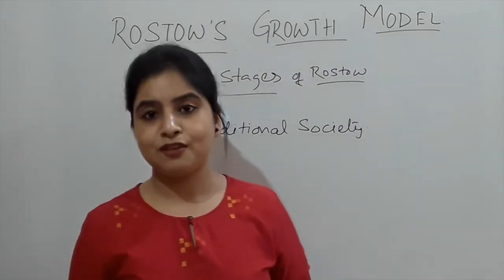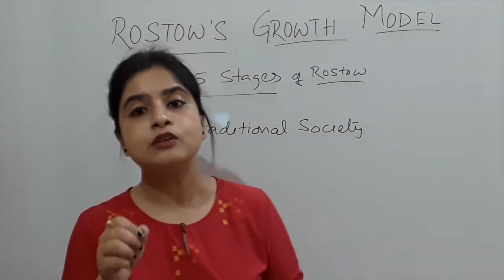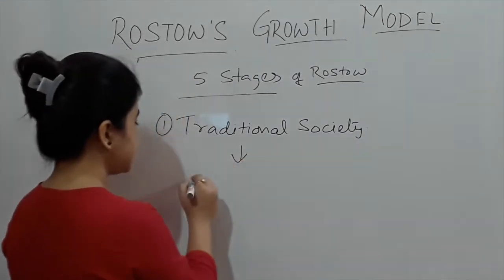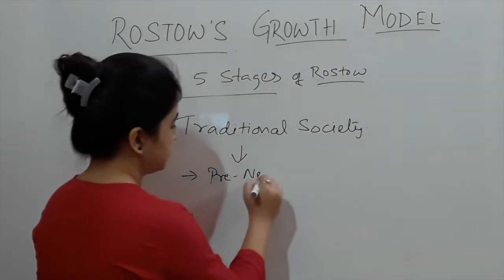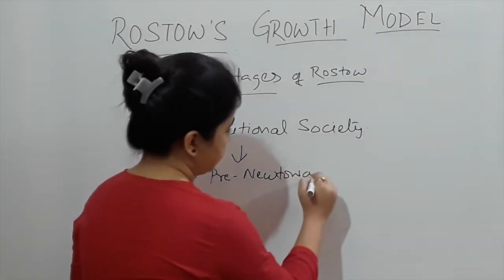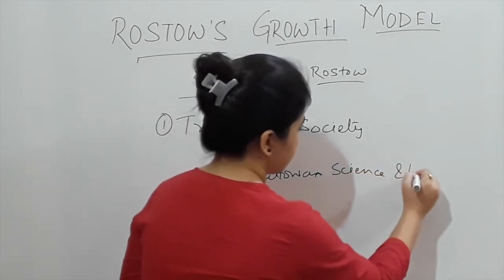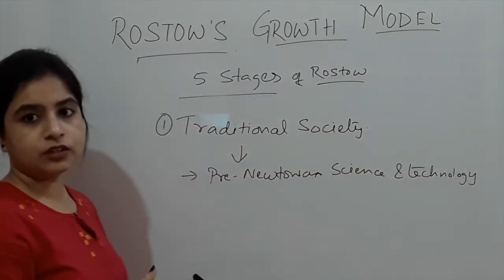One interesting fact about this traditional society is that it is based on pre-Newtonian science and technology. So basic idea number 1 is that it is based on pre-Newtonian science and technology.